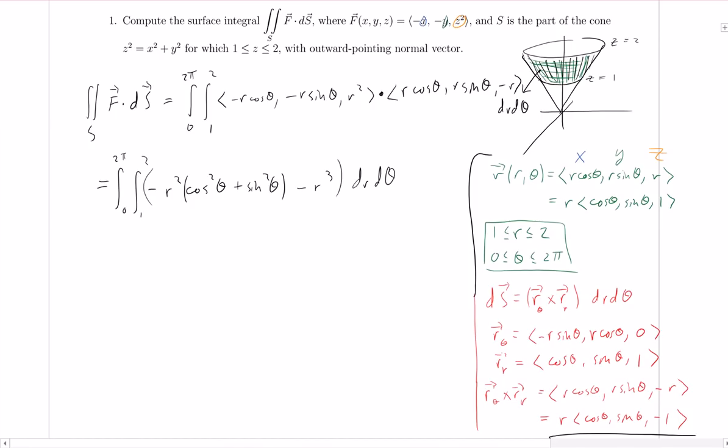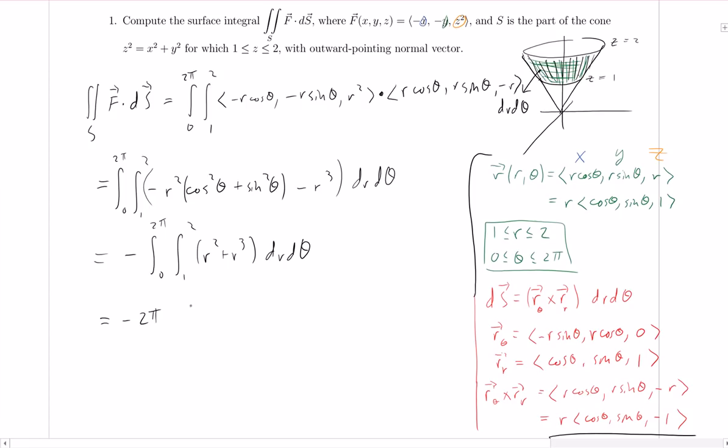Of course, cosine squared plus sine squared is 1, so this simplifies. We'll pull the minus sign out to just r squared plus r cubed. And there's no theta, so there's no harm in doing the theta integral first. It just gives us a factor of 2 pi.